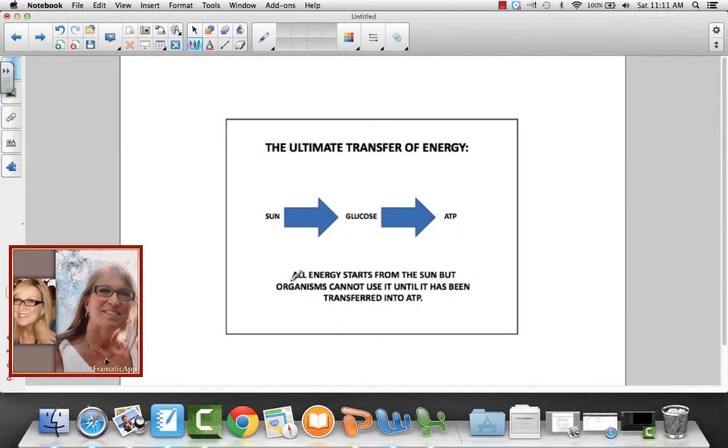So this is the ultimate transfer of energy. The sun makes glucose, and we use the glucose to make ATP. So everything starts from the sun. But we can't use it until it's been transferred into ATP, because we can't make our own food. Only plants can, which are autotrophs.